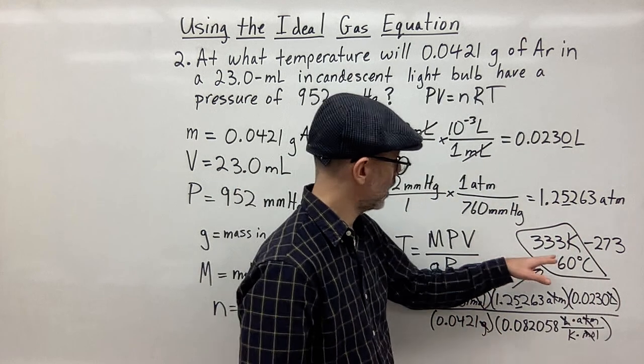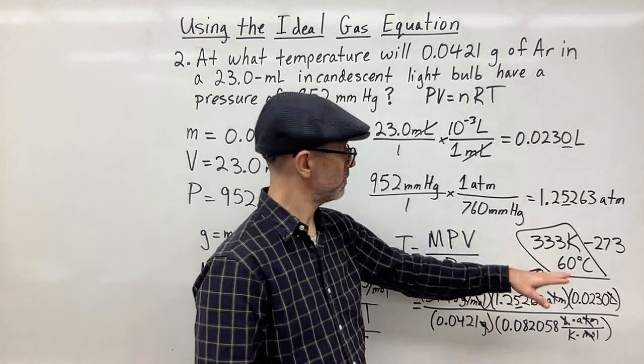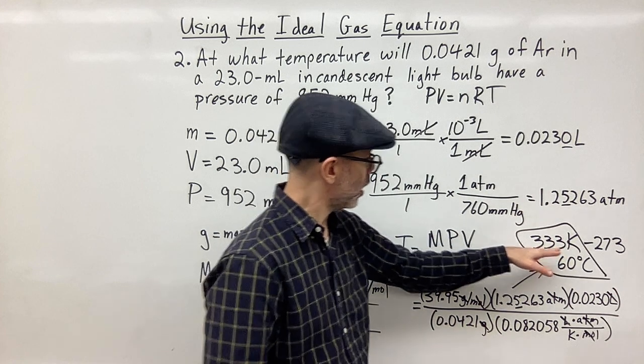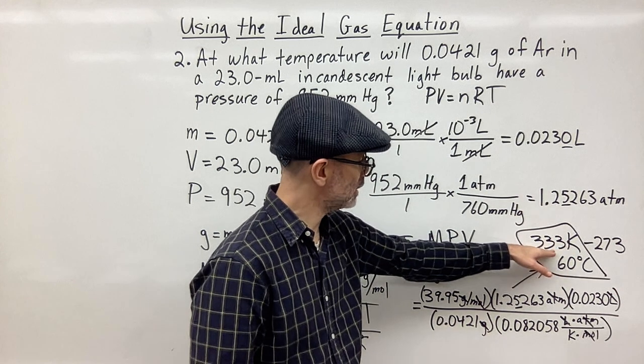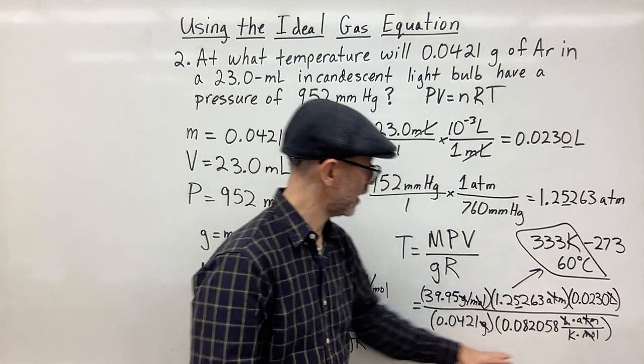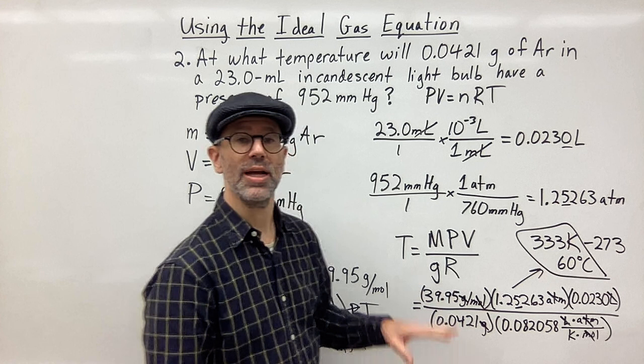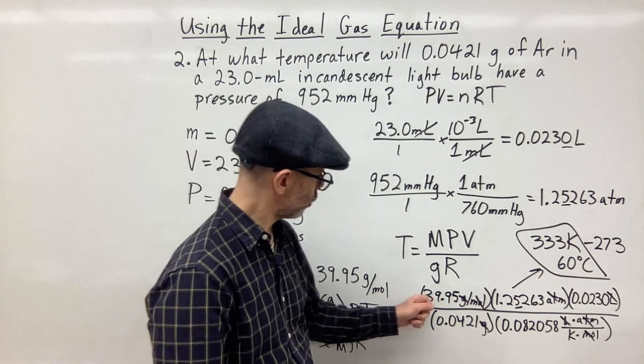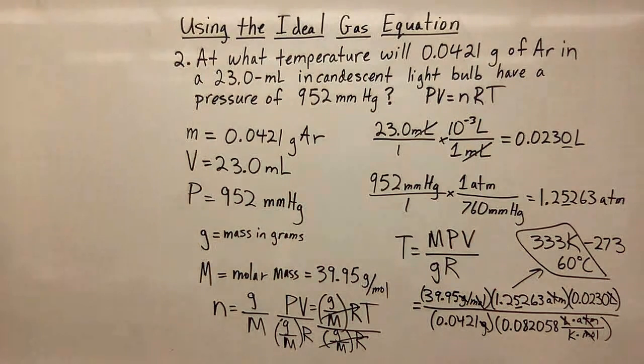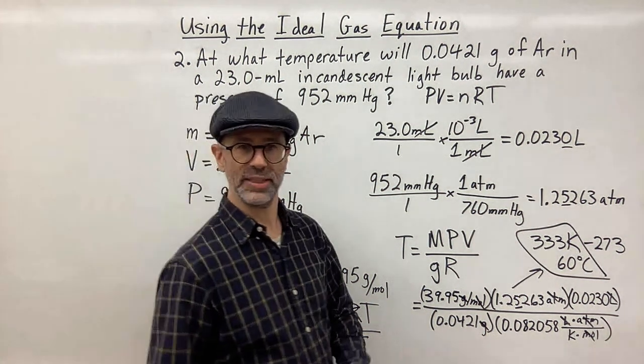And again, just go over the sig figs. If you are interested in sig figs, this has 3 sig figs because when you multiply and divide, your answer should have the same number of sig figs as the least number of sig figs in your measurements. Sorry about that.